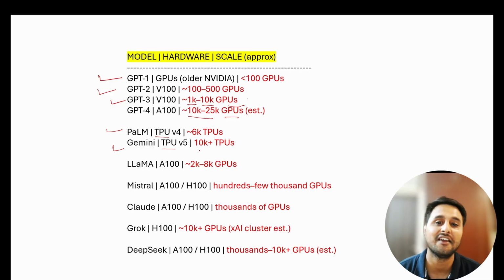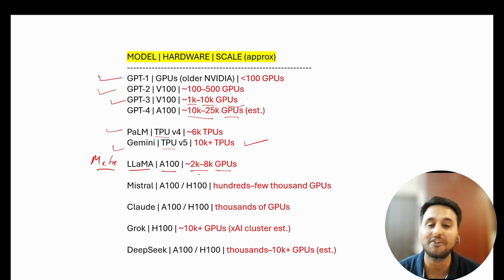Gemini used 10K plus TPUs, and Meta, Facebook's Llama used A100s, 2K to 8K GPUs to train the Llama model. In future we are going to use these models practically when we do code, so first we have to understand which model is from which company and what its compute power is.